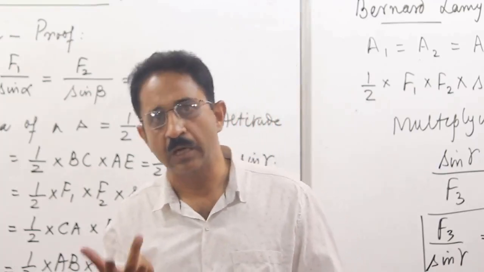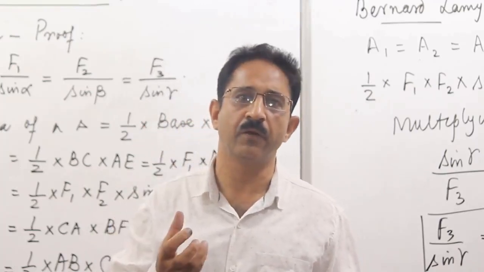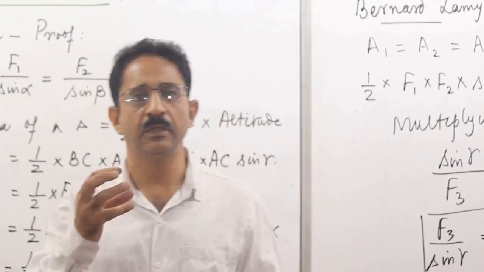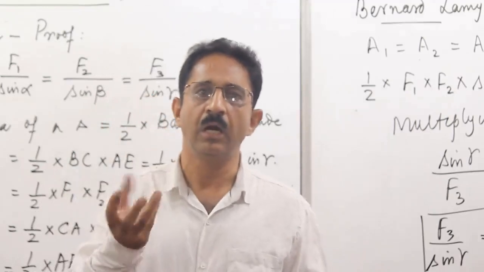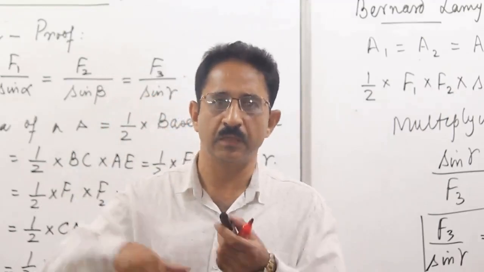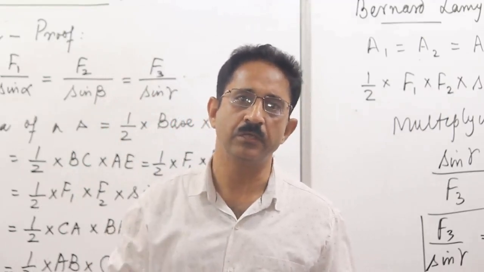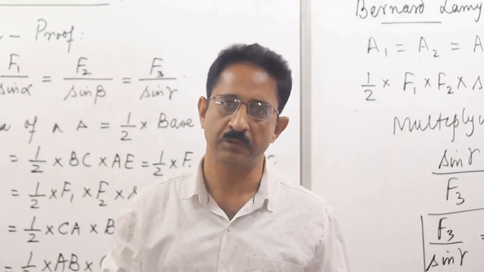If such forces are given a mathematical formulation, then Lami's theorem becomes a mathematical tool, an outcome of equilibrium. In other words, we can utilize Lami's theorem for solving problems related to equilibrium of three forces.